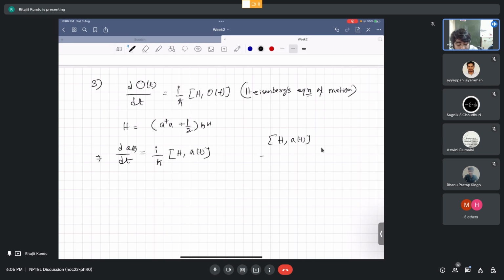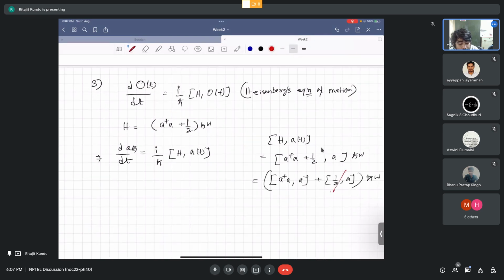So H is nothing but h-bar omega times (A dagger A plus half), commutator with A. Okay, and there is a half, this is h-bar omega, because it's just a number, right? So I can take this out of the commutator bracket, and then we can simplify this commutator bracket even more, which becomes nothing but this thing with half, comma A. Now remember the fact that the commutator of any number with an operator is 0.